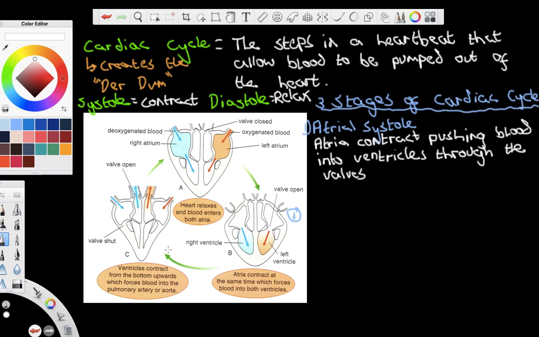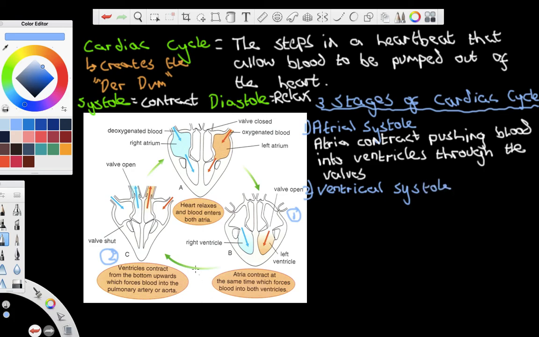Our next stage, number 2, is this one here. Our second stage is known as ventricular systole.